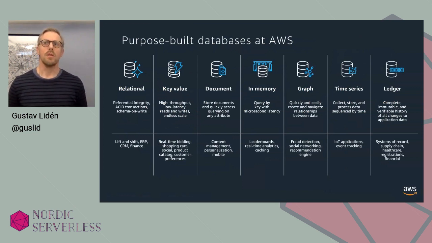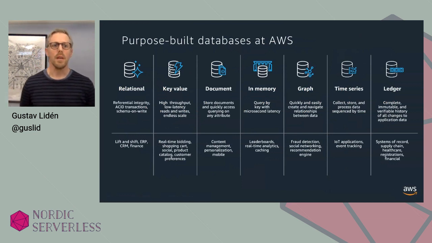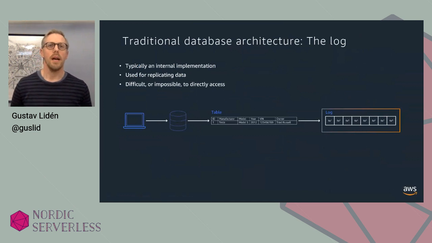All right, so given that we now have a ledger database, what is really the difference compared to all the other database options that are available today? At the core of this difference is the transaction log.